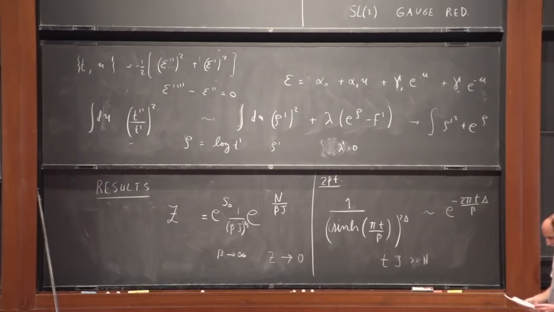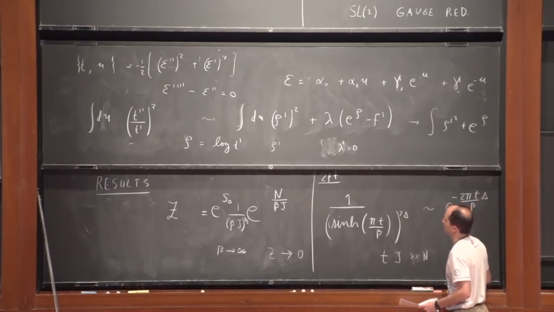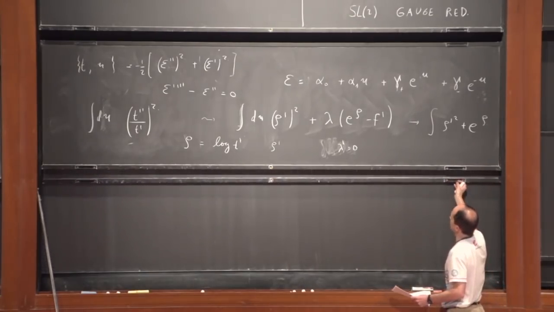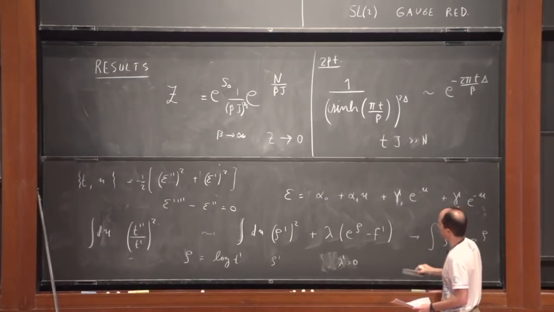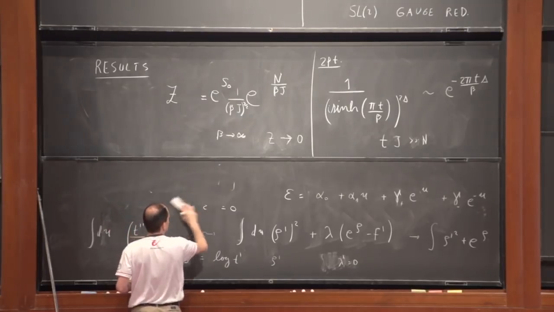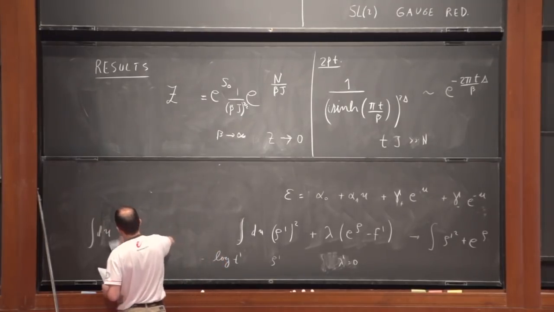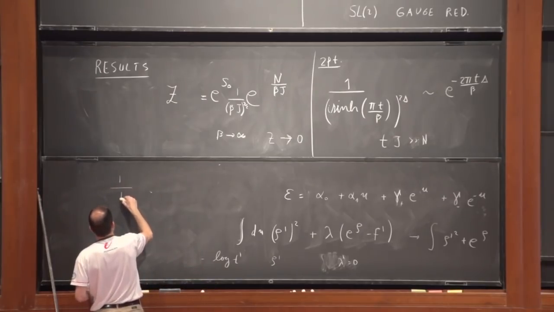And these quantum corrections change this behavior, and they produce a power law instead. So at very long times, the correlator does not decrease exponentially, but it decreases like 1 over t cubed.